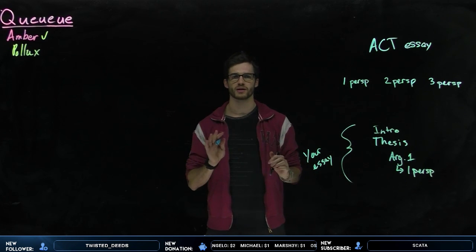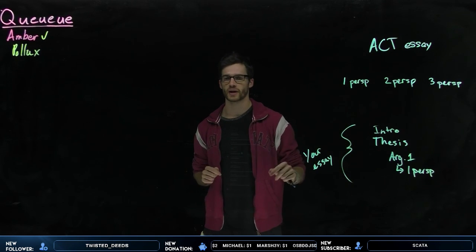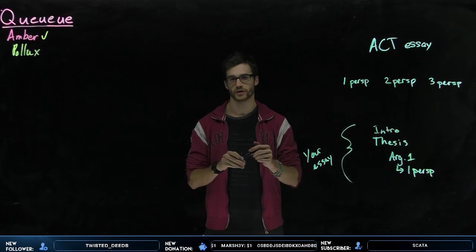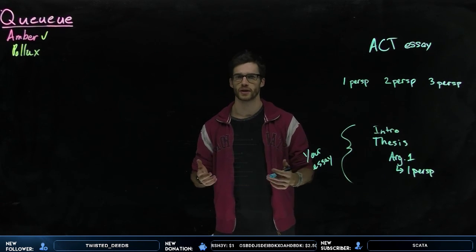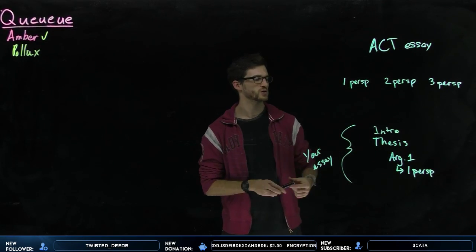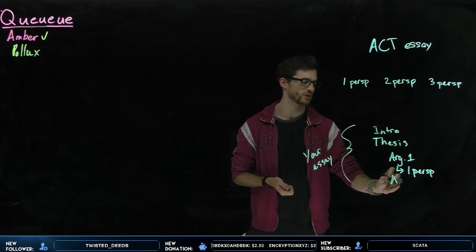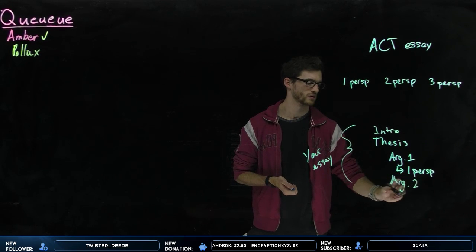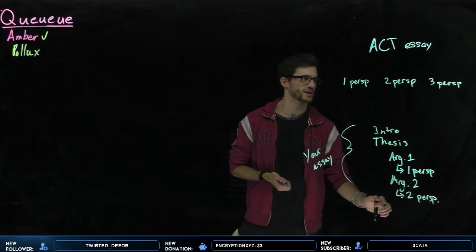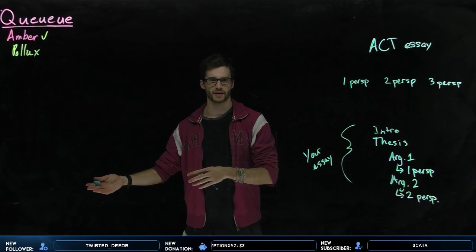I would recommend against naming the perspective in particular. They just want you to incorporate them. So don't say, according to perspective 1, and then not explain it. Use whatever that idea is. And then let's say perspective 2 is a similar thing, so that's going to be argument 2.